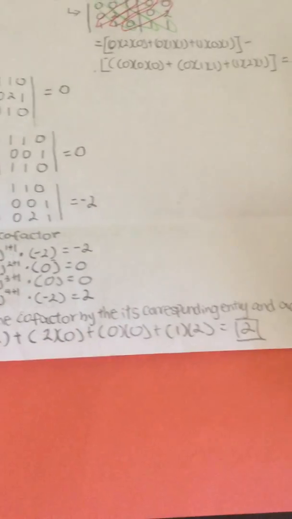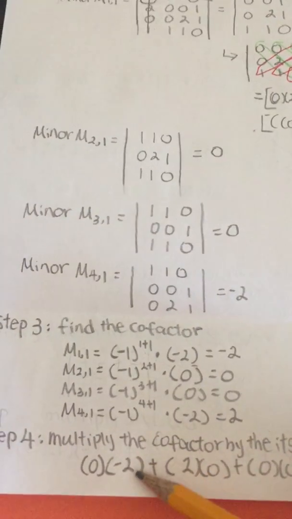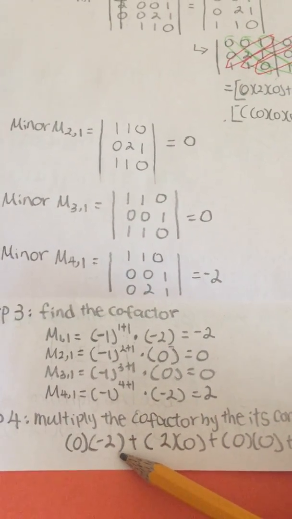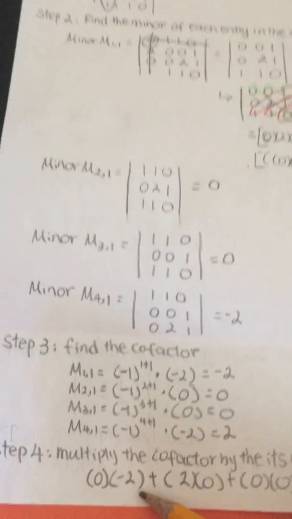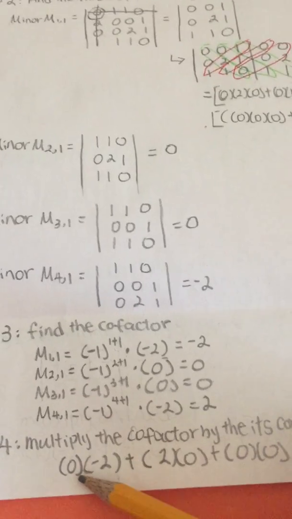And the last step is to multiply the cofactor by its corresponding entry, and you add them together. So we know that in the 1, 1 position, its cofactor is -2, and the entry in the 1, 1 position is 0. So I multiply 0 by -2.